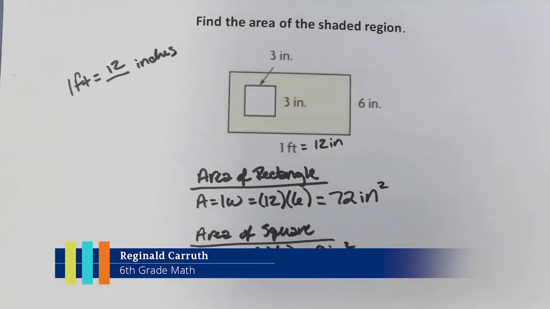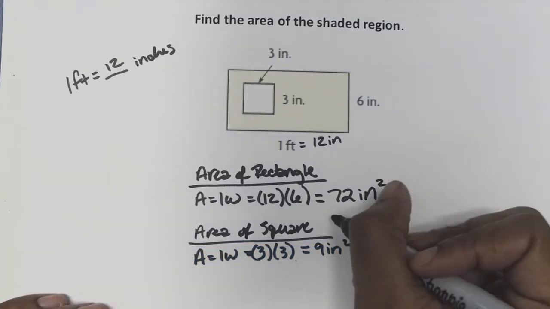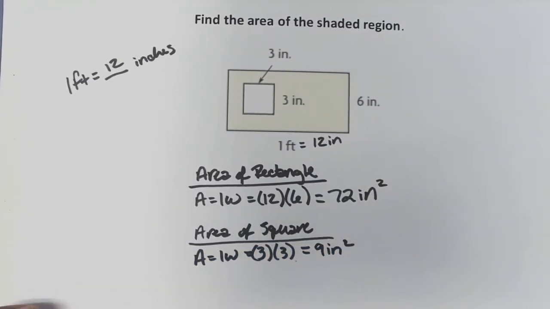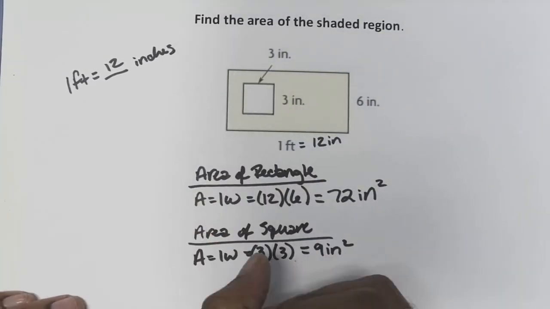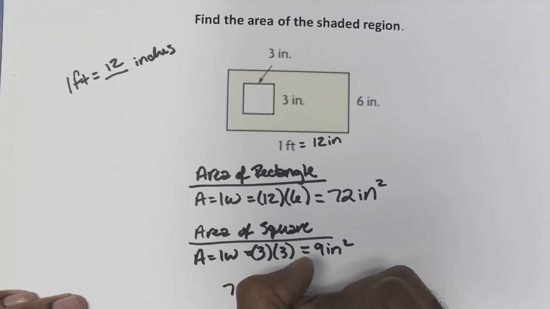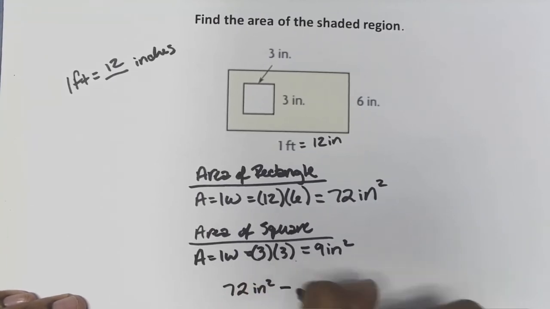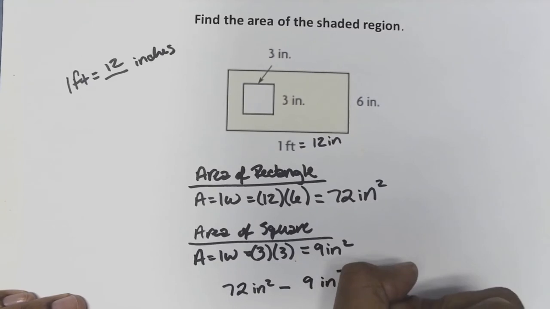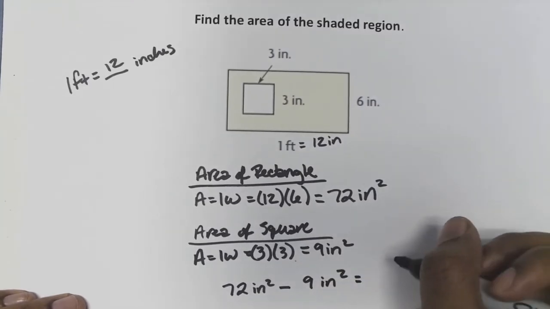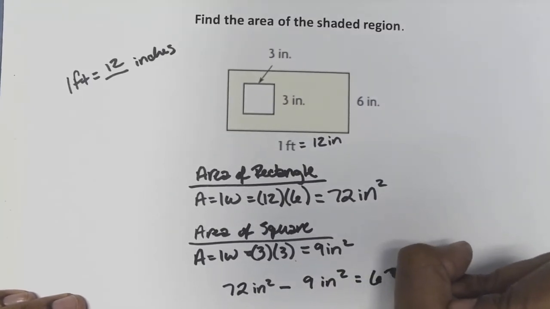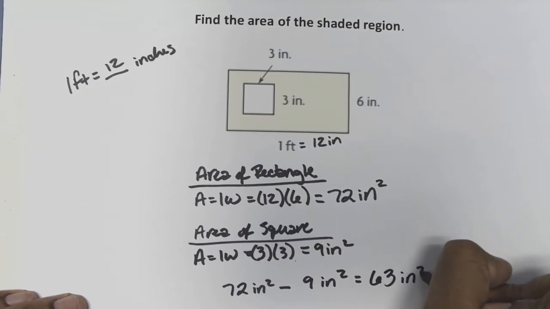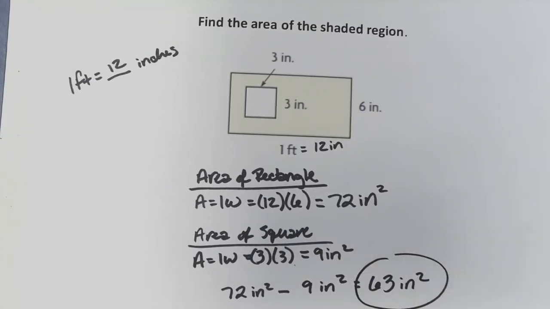So now, going back to what we discussed earlier, we need to subtract the two totals to get the area of the shaded regions. So I'm going to take 72 inches squared, and I'm subtracted by 9 inches squared to give me the area of the shaded region of 63 inches squared. Woo, that's some good work, y'all.